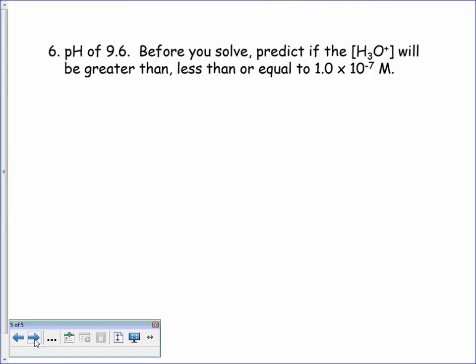Okay, wrapping it up here. It's the last one I'm going to do with you. So we have a pH of 9.6. Before we solve for everything else, right, we needed pH, pOH, hydronium concentration.